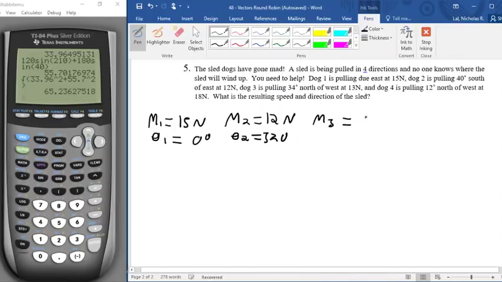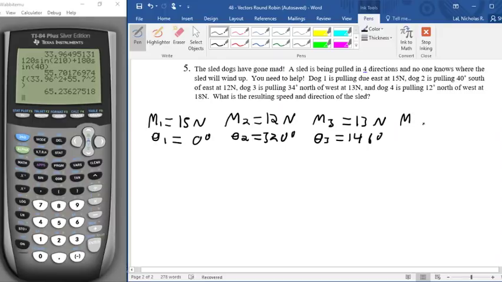M3 is going to be equal to 13 newtons. 34 degrees north of west is going to be 180 minus 34, which is going to be 146. So theta 3 is equal to 146 degrees.